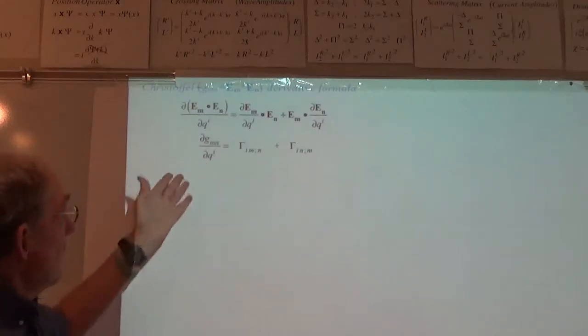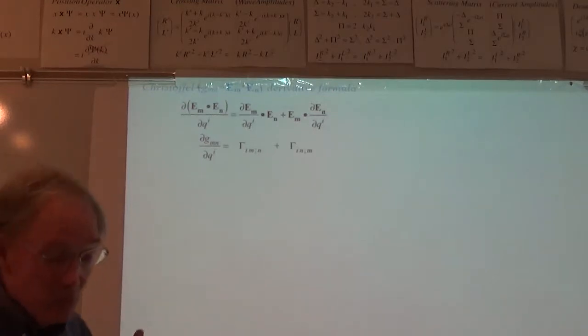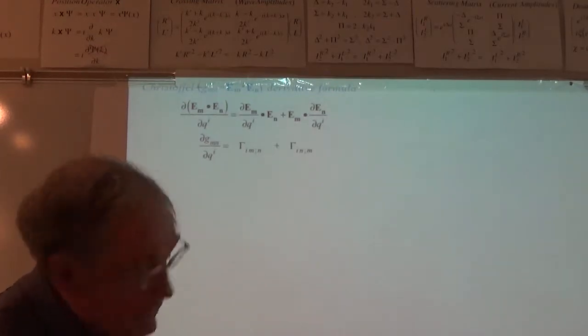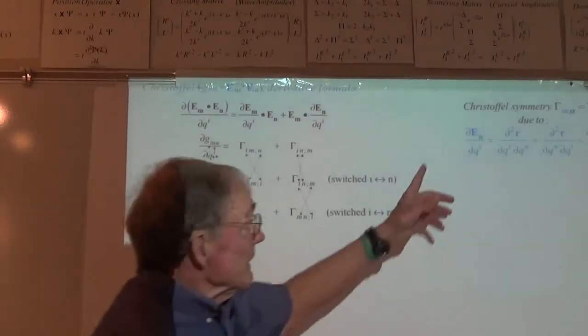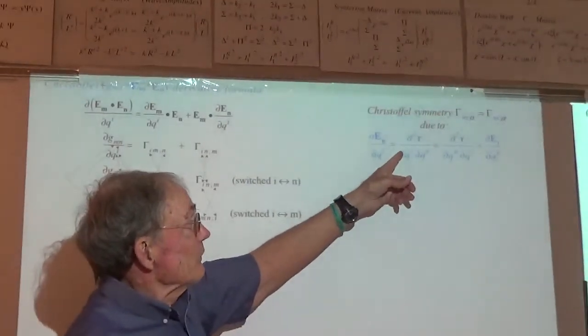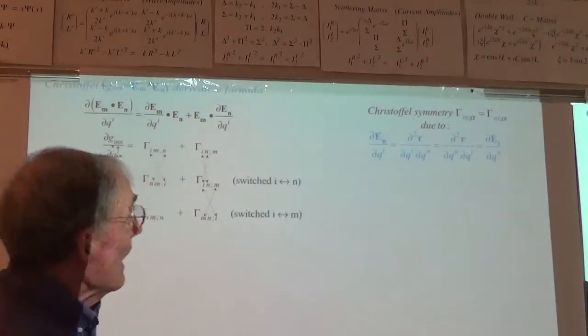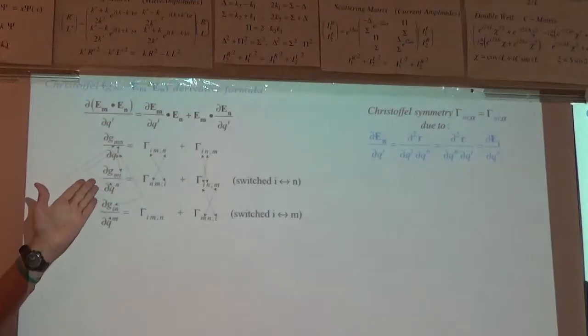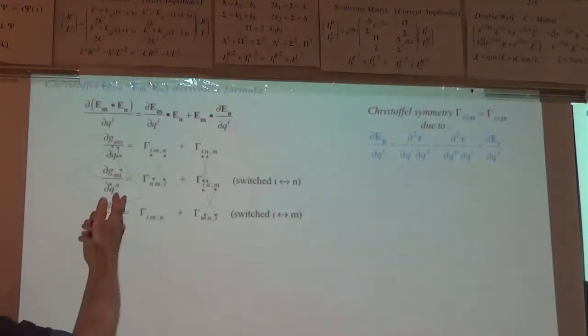Okay, so you'd think that Riemann and Christoffel too would have been happy to just stop with that, but they weren't. They realized that there's a symmetry in all of these things, so I can go here and make use of the Christoffel symmetry of the first two indices, and write three expressions here, and I've told you what the difference is.